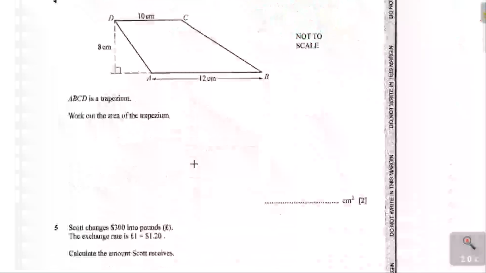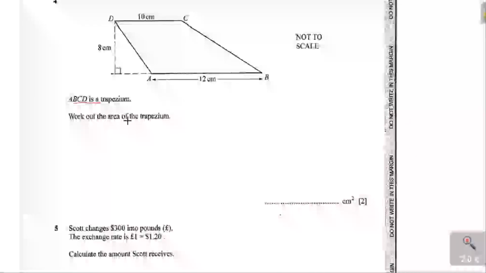Next question number 4. ABCD is a trapezium. Work out the area of the trapezium. The area of a trapezium equals 1/2 times the sum of parallel sides, we name A plus B, into the distance between parallel sides, we name it as h. The parallel sides here are 12 and 10.